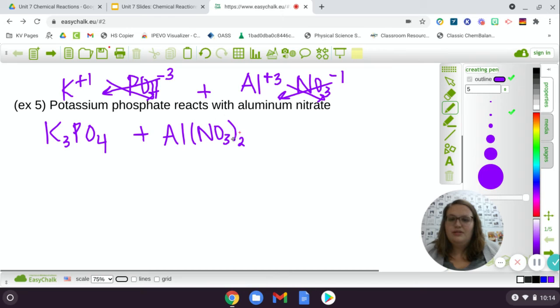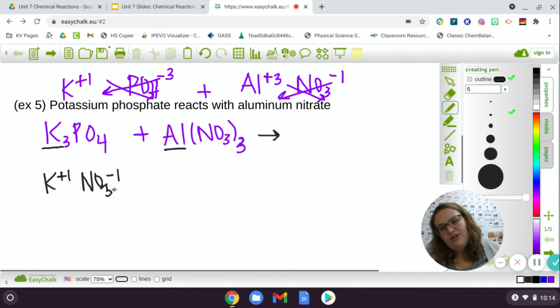I'm putting this in parentheses. Oh, sorry, that's a 3. Because this is a polyatomic ion. So it's going to react. So we're going to trade some partners here. So the double replacement. So these two are going to trade partners. So we're going to get potassium with nitrate.